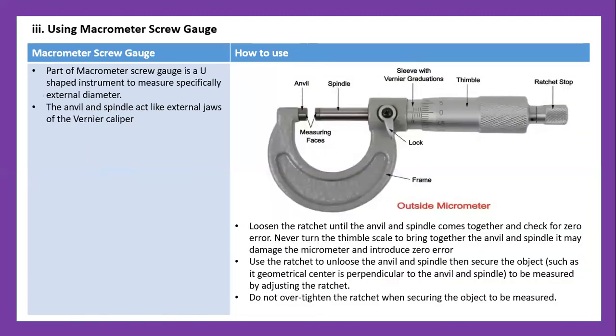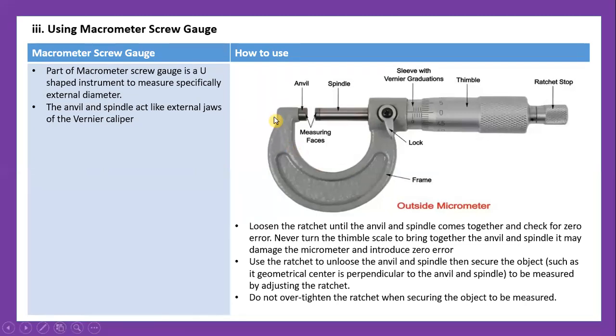Let's look into the next equipment, which is the micrometer screw gauge. What is the function of the micrometer screw gauge? The frame of the micrometer screw gauge is U-shaped, as you can see from this diagram, and its purpose is to measure specifically external diameter.